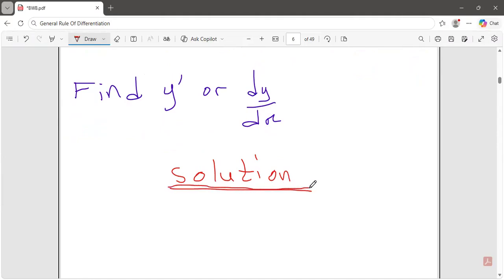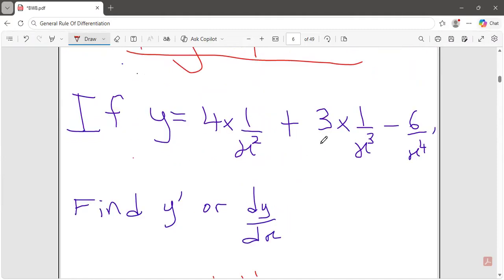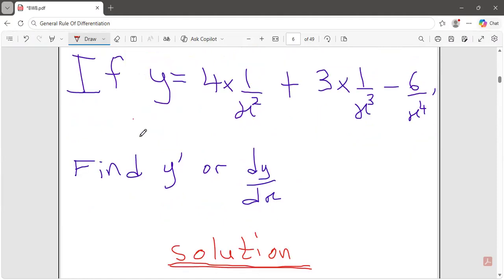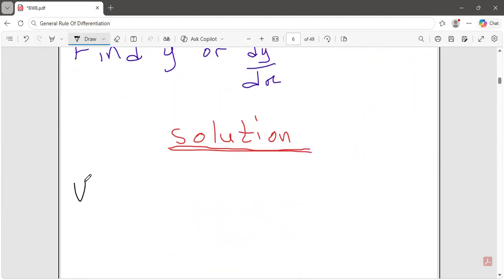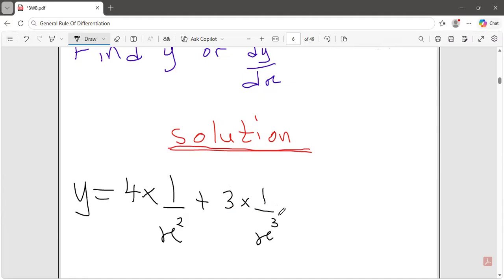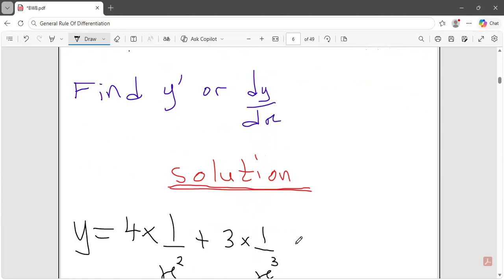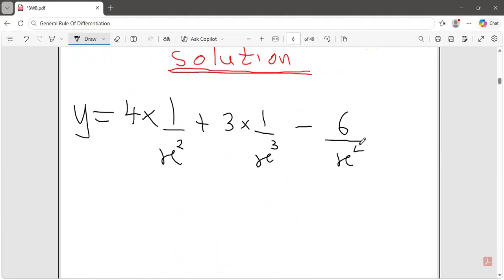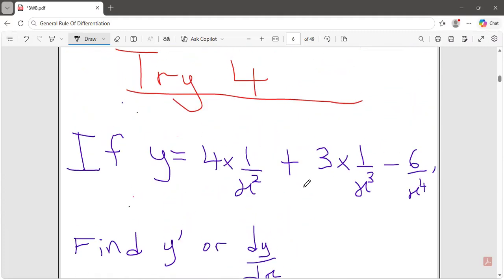The question given to us is that y is equal to 4 times 1 over x squared, plus 3 times 1 over x cube, and the last one is 6 over x exponent 4.